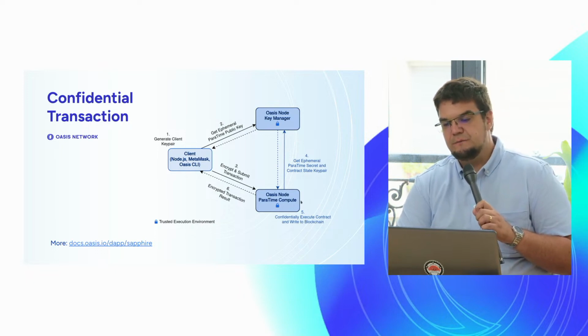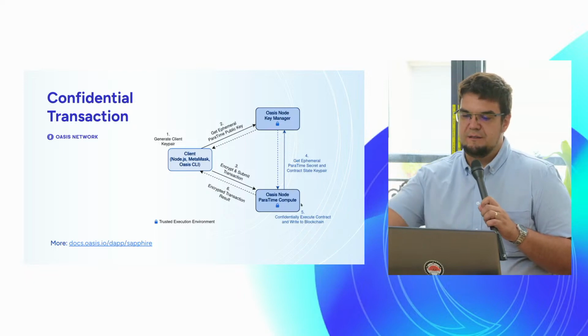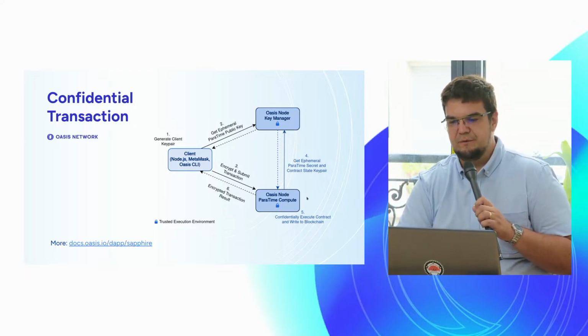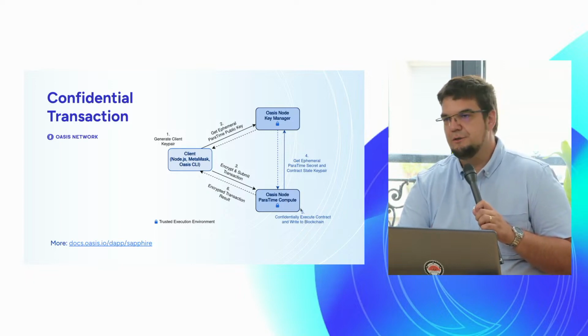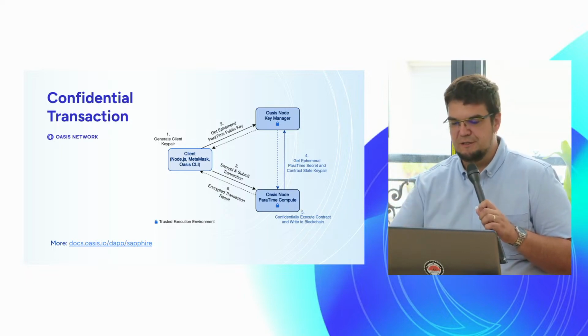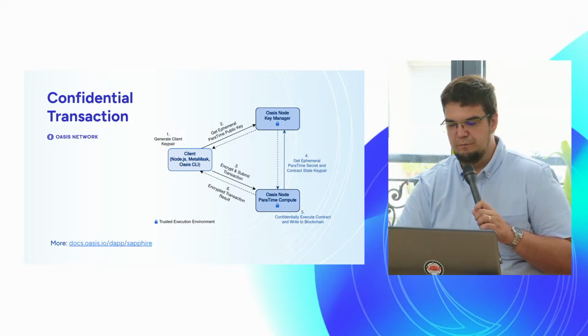Well, in our case, the compute node must request the contract state key pair from the key manager each time. So once it has that, it can decrypt the contract state and execute the EVM transaction. And also any side effects that happen afterwards, the contract state is changed and rolled back.